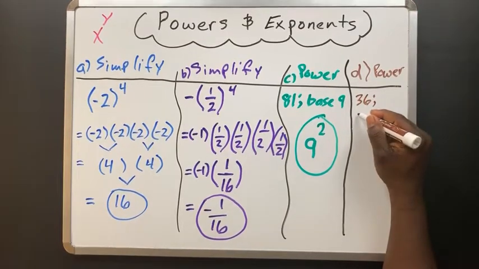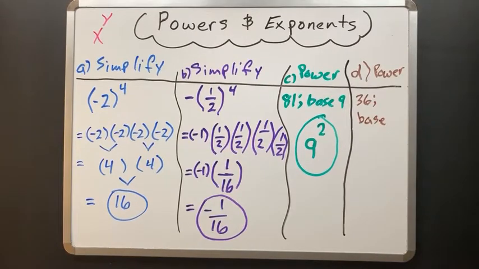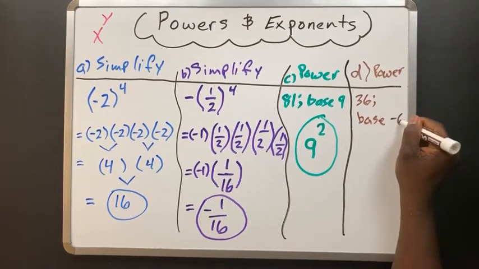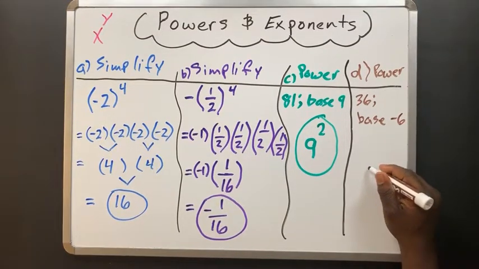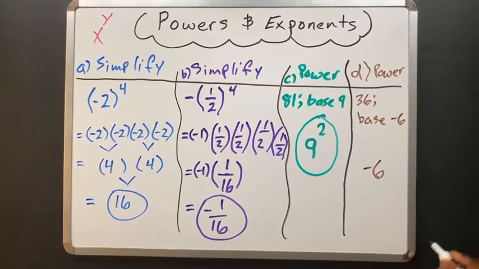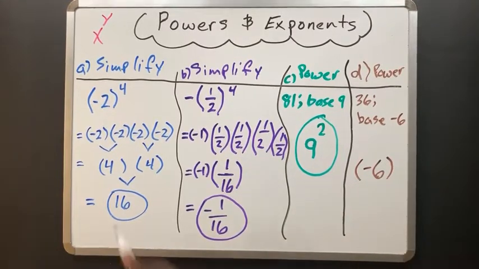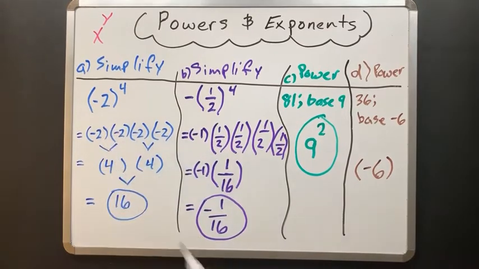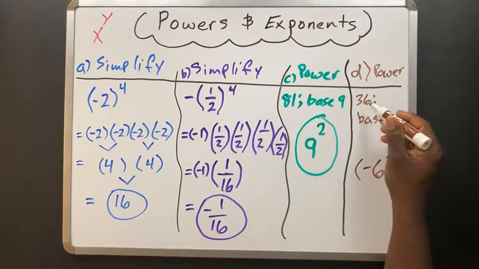And they tell us that the base is -6, okay? Don't worry about it, just set it up, okay? Now, if the base is -6, then we have to put that in parentheses. Right here, the base was -2. Now, what exponent goes here so that the answer equals 36?